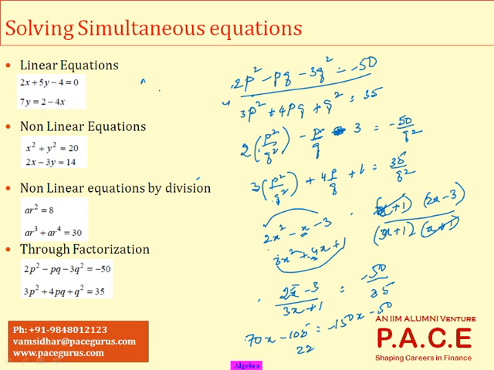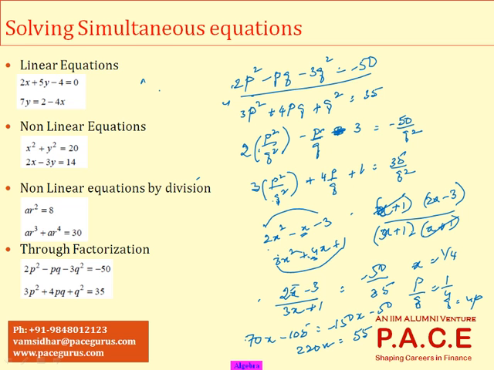So 220x equal to 55, and from here I get x equal to 1 by 4. If x, which is p by q, equals 1 by 4, that is nothing but q equal to 4p.